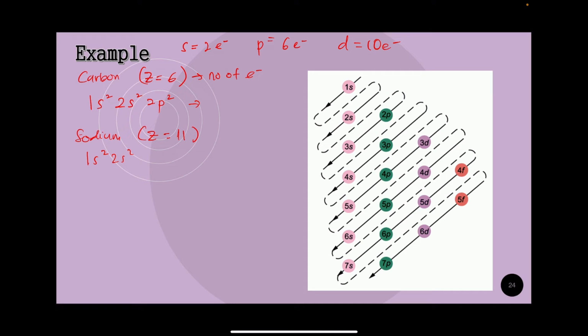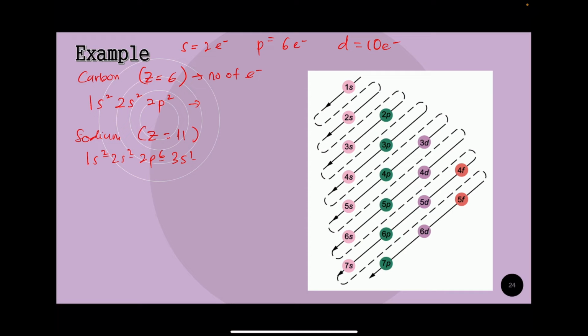Now we have 11 minus 4, 7 left. So 2p6, and then the last one is 3s1. So we have used all the electrons: 2, 2, 6, 10 plus 1, 11. So this is the electron configuration for sodium.